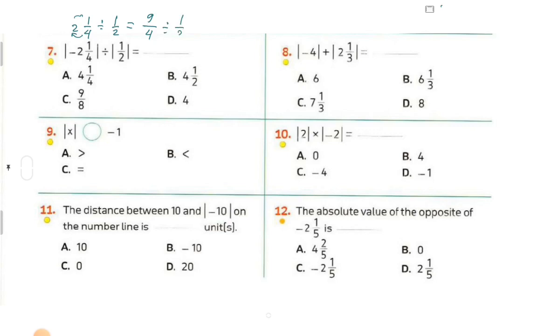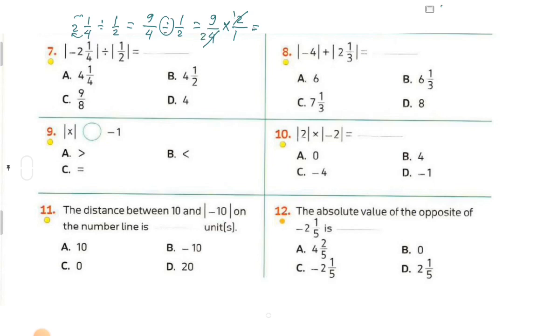Dividing by a half equals the first dividend itself, times 2 upside down, the fraction 2 over 1. Now I can simplify 2 with 4. 4 over 2 equals 2, 2 over 2 equals 1.